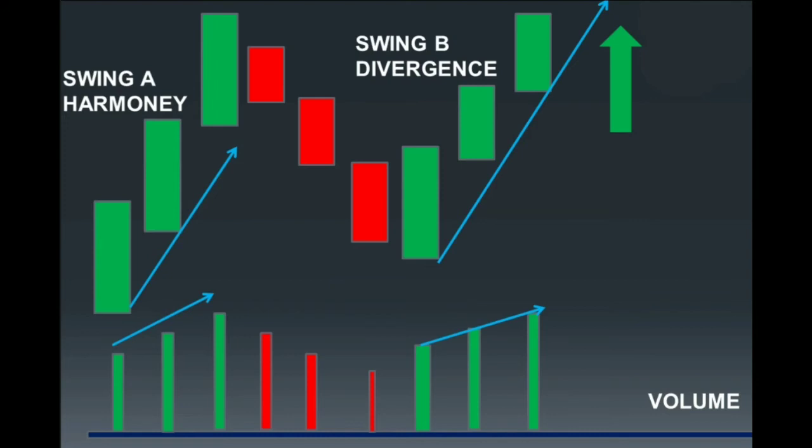That is divergence. The increase in movement is not reflected by an increase in volume. That's the effort and results are not proportional.